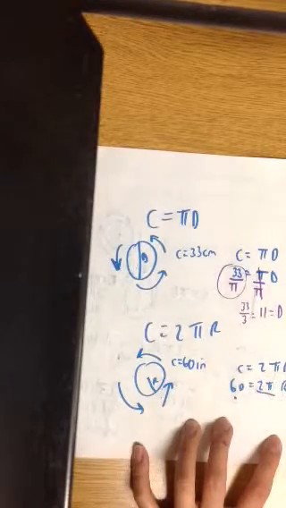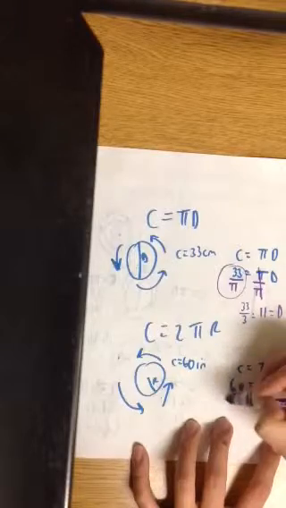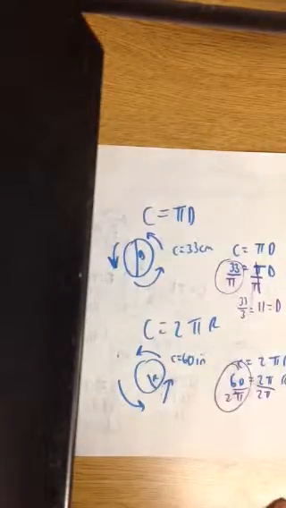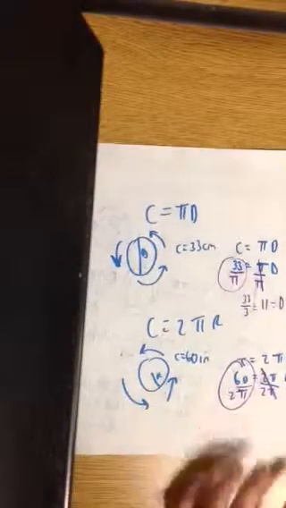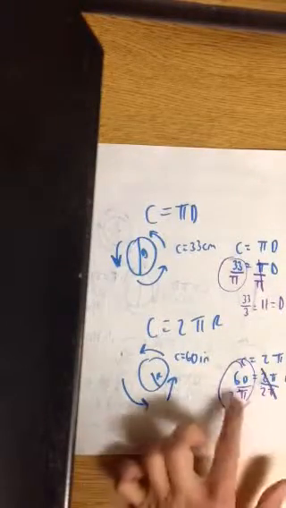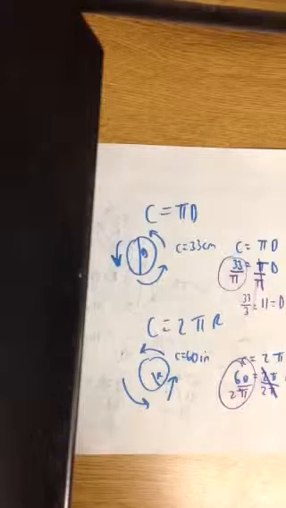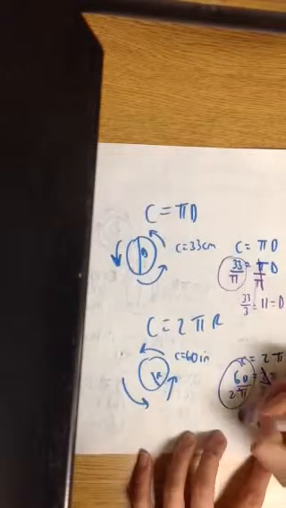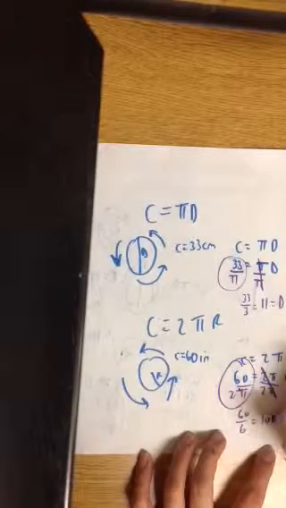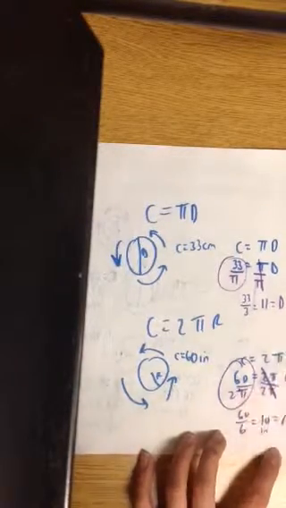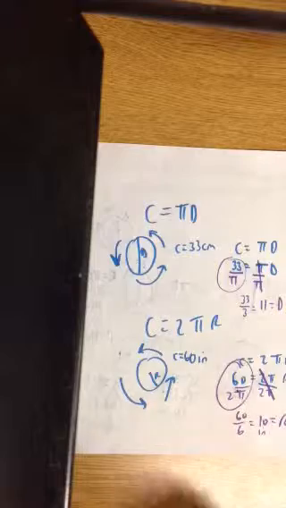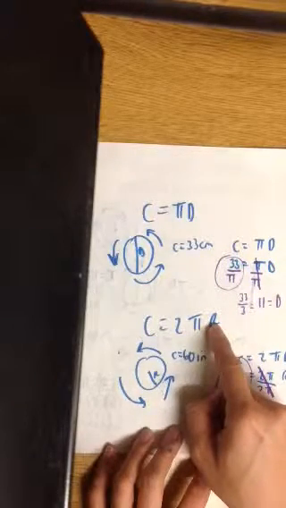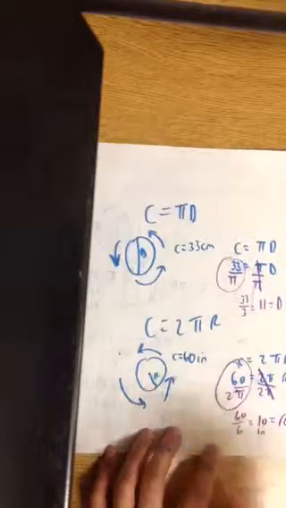I need to divide by 2 pi. So 60 divided by 2 pi is the radius. What is 2 groups of pi? What number is pi again? 3. What's 2 groups of 3? 6. So 60 divided by 6 is 10. So the radius is 10 inches. Let's check our work. 2 times 3 is 6. 6 times 10 inches is 60 inches.